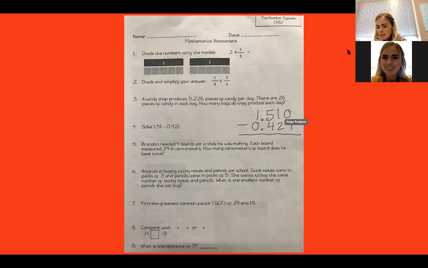So 0 minus 1 I can't do, so I need to borrow. 10 minus 1 is 9. 0 minus 2 I can't do, so I have to borrow again. So borrow 1 from the 5. 10 minus 2 is 8. 4 minus 4 is 0. Bring down the decimal, and 1 minus 0 is 1. So my answer would be 1.089.